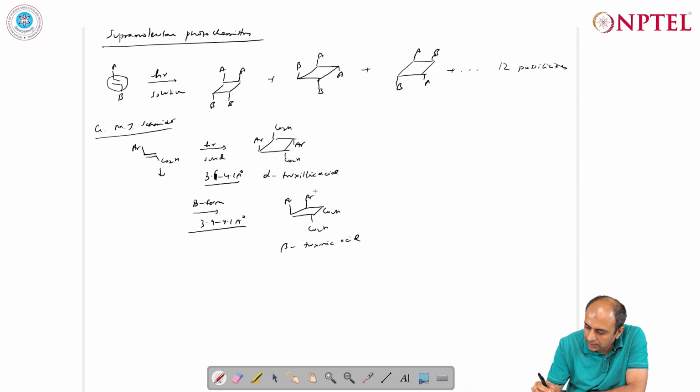And here you can see that there is a mirror symmetry which exists in the final product. And if you have the gamma form, then the separation between the double bonds is longer, and therefore no reaction takes place. Therefore this particular form is photostable.